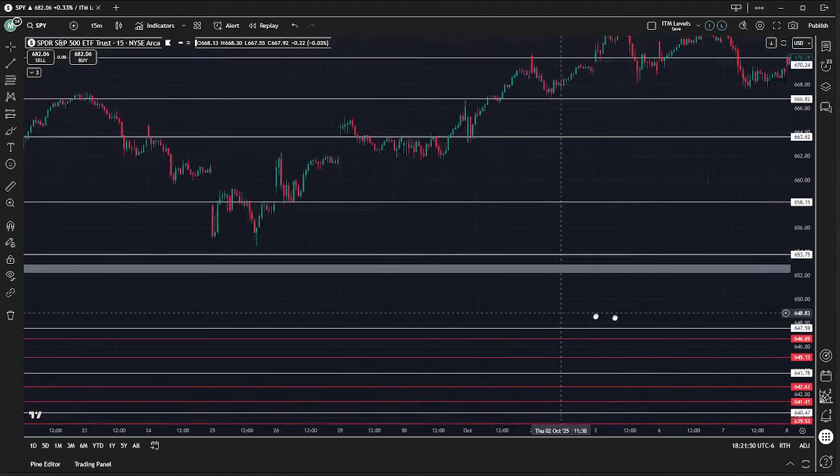I would like to add another level because right now I don't have any key pivots. From this key pivot to this key pivot, it's a $6 difference.